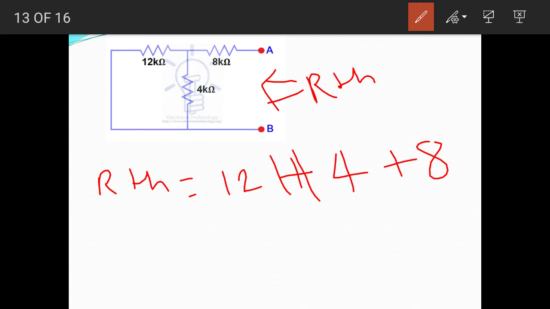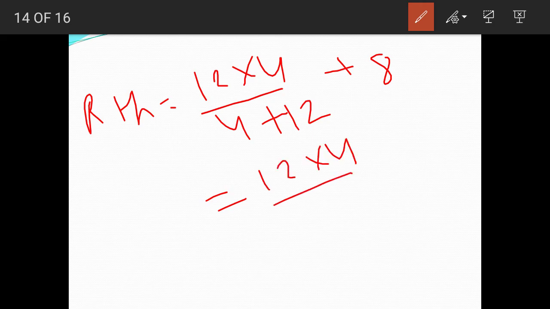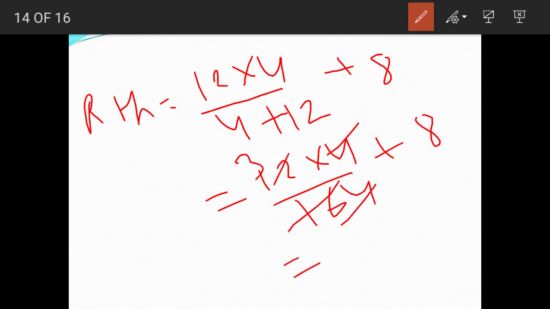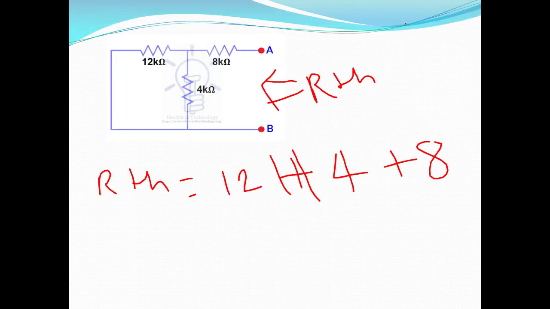So RTH is equal to 12 into 4 upon 4 plus 12, plus 8. That is 12 into 4 upon 16 plus 8, so 4 into 3 plus 8. The value of RTH becomes 11 kilo ohm.